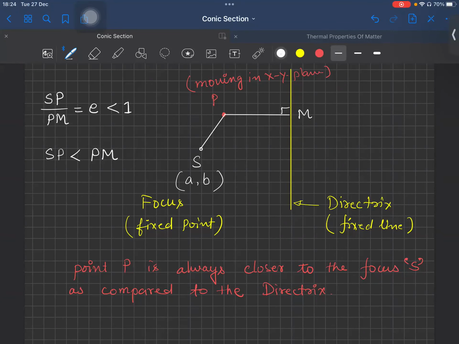Understood? Now, if you trace this P, you will always get an ellipse.